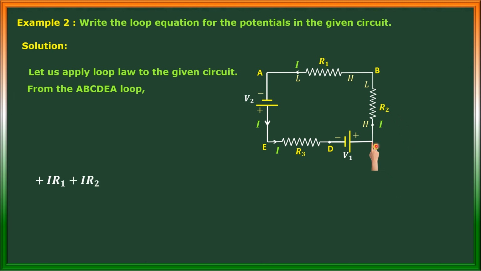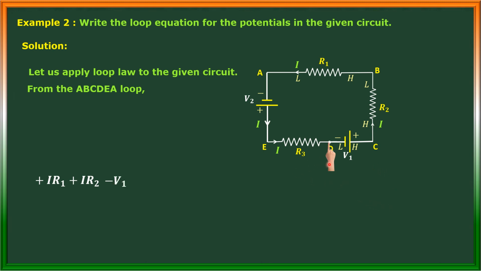Then I will move from C to D. So here positive to negative. See here, higher to lower. So I have moved from higher to lower. That means potential has decreased. Then we should take the potential difference across the two terminals as minus V1.